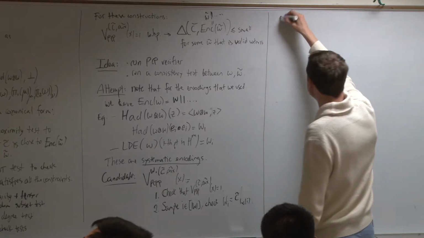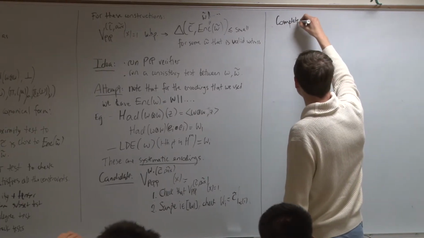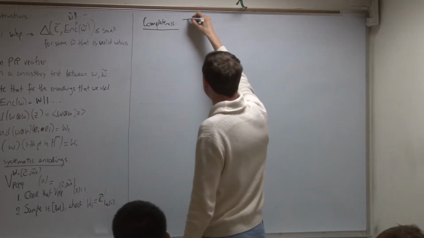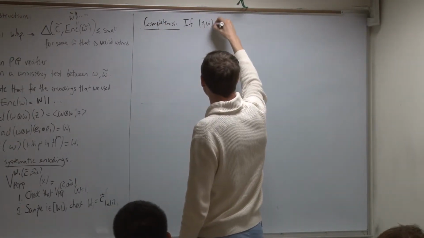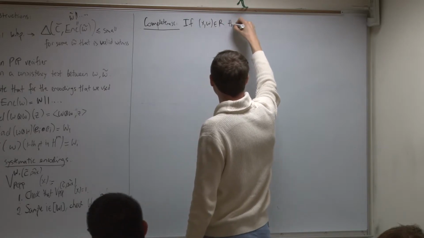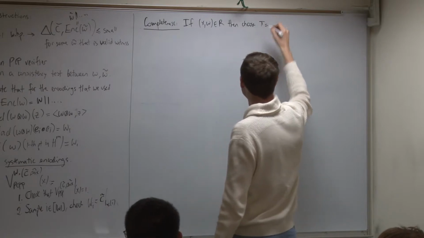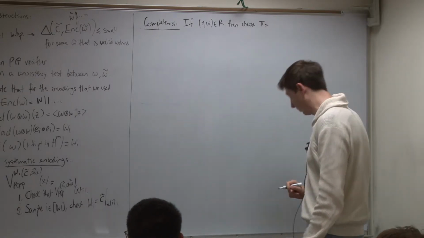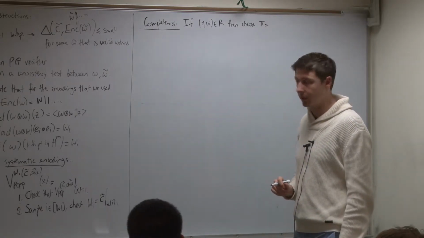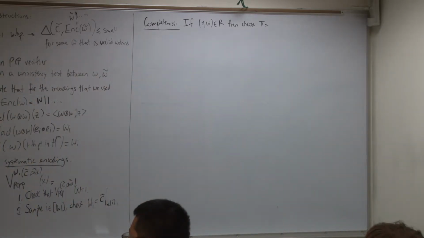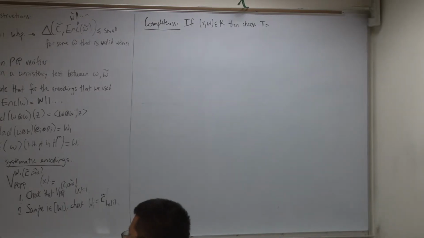All right, for completeness, if (x, w) is in R, then we have to choose the proof pi, which equals what? To satisfy completeness, we have a valid instance-witness pair, and we have to exhibit a proof that will make the verifier always accept.